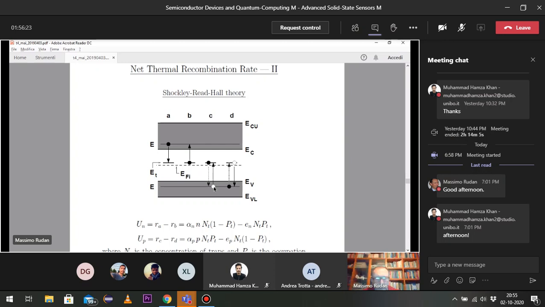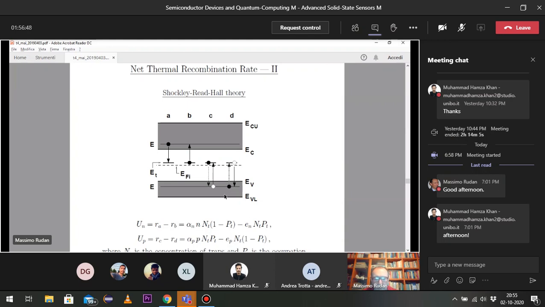So we have a hole initially in the valence band that makes a transition into the state. And finally, we have one electron of the valence band going into an empty trap, that we describe as the opposite transition of a hole from the empty trap into the band.